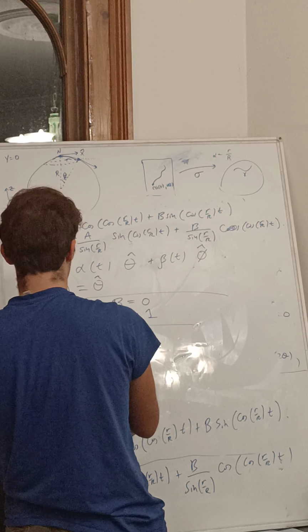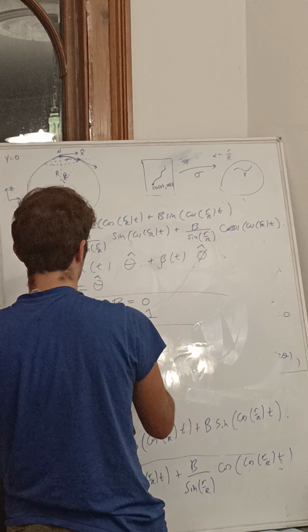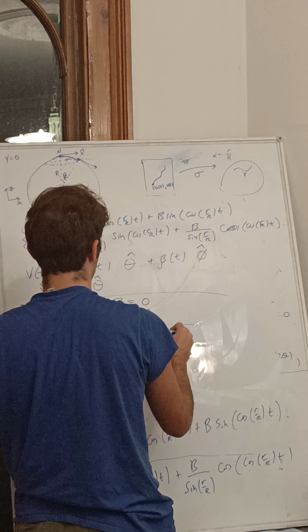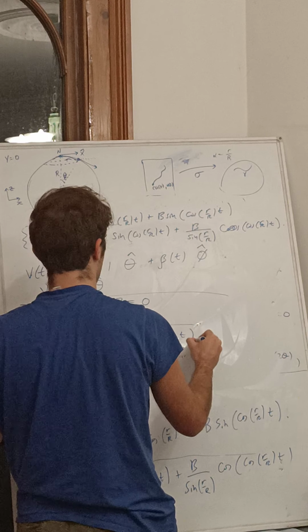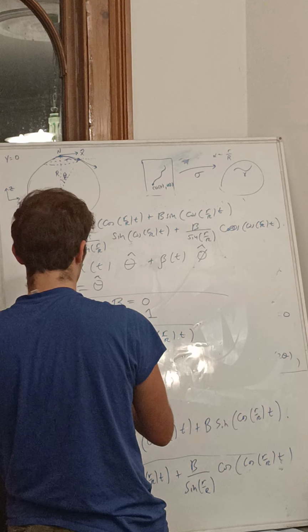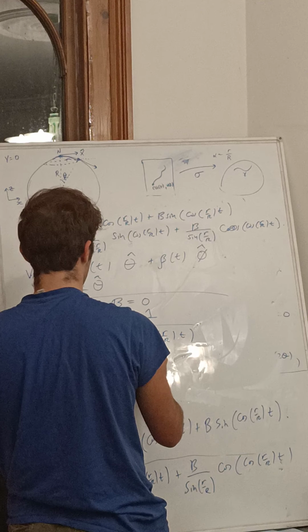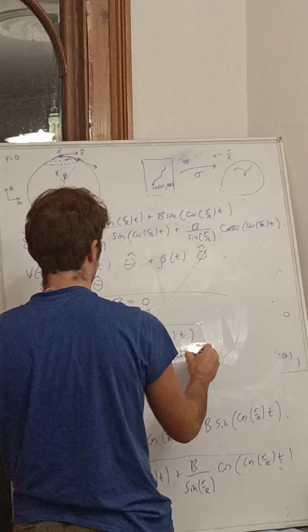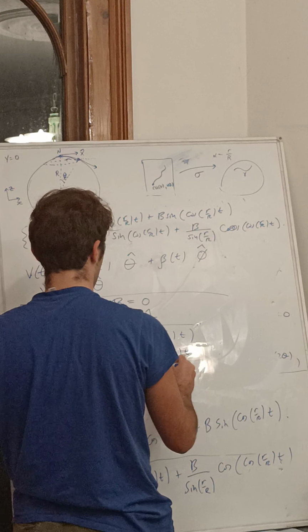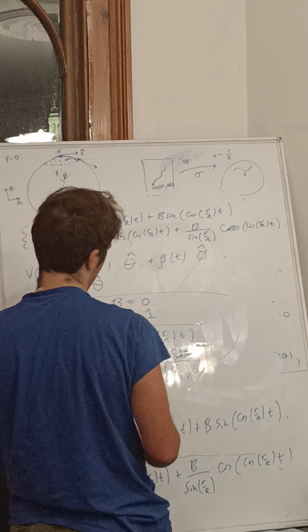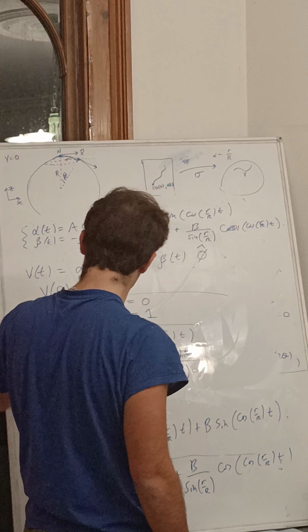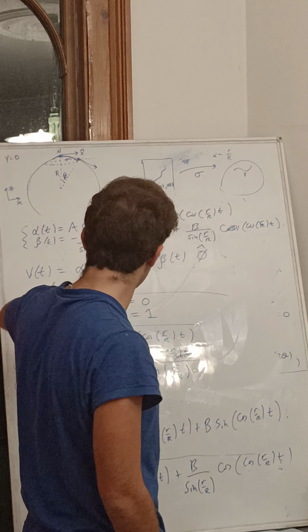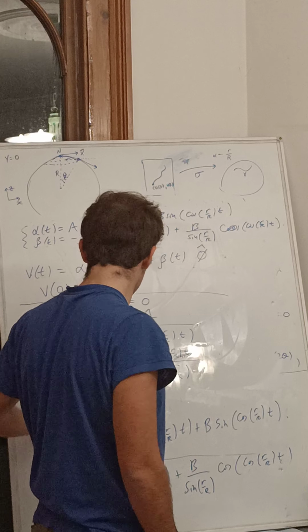So alpha of t is cosine of little r divided by r times t, and beta of t is minus sine of cosine of little r divided by r times t divided by sine little r divided by r. So if we plug in t equal to 0, this is indeed 1, this is indeed 0, so that's grand.